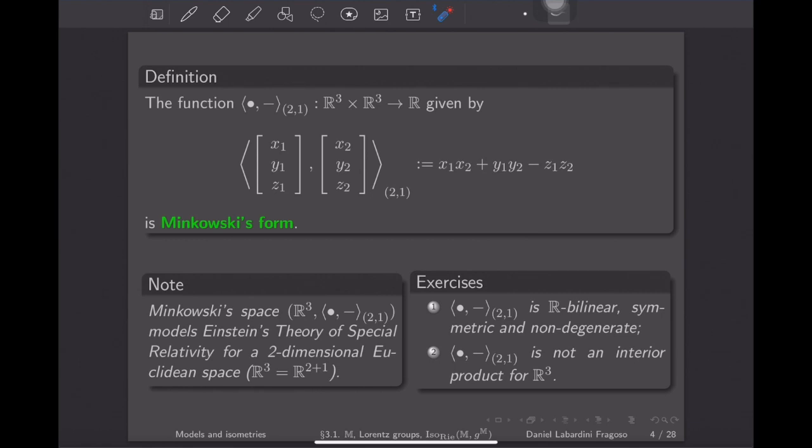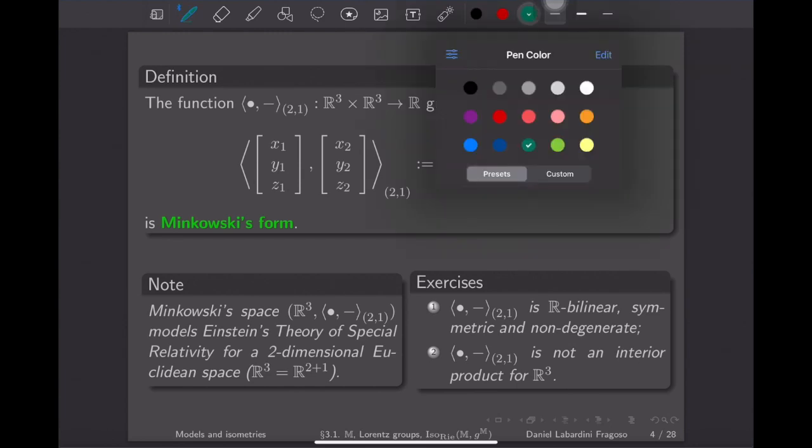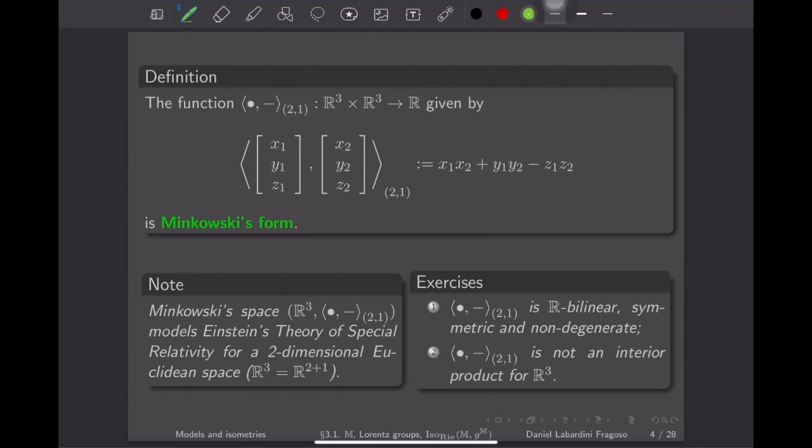Okay, but so something very easy. This function is actually a bilinear form, so it's R bilinear, symmetric and non-degenerate, right? So by symmetric, what I mean is that when I evaluate in two vectors, let's say u and v, this is equal to the other pairing, right?